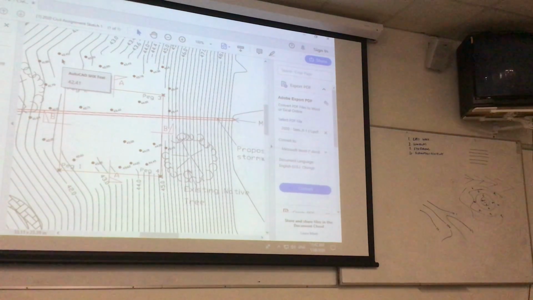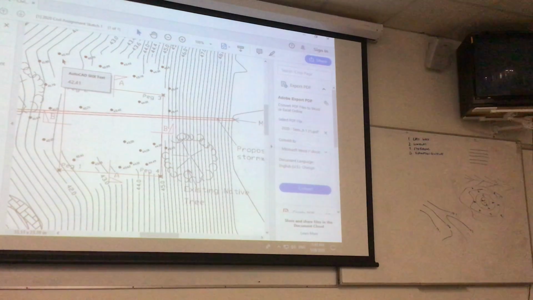The whole class will find out about it because it's my fault. But just keep your eye on your emails. If something comes through saying the spot height over by the tree or above the letter B is wrong, I'll email you guys and I'll tell you. At this stage, I think they're all pretty good.